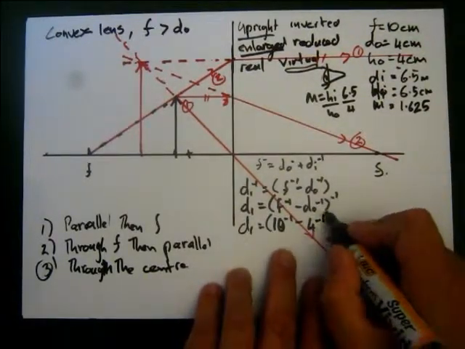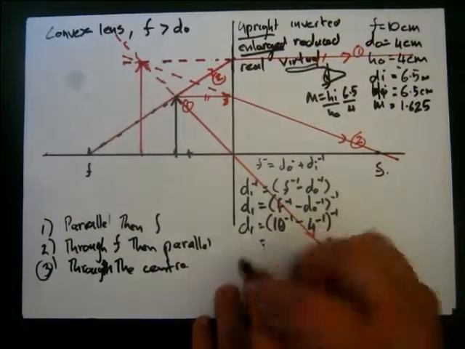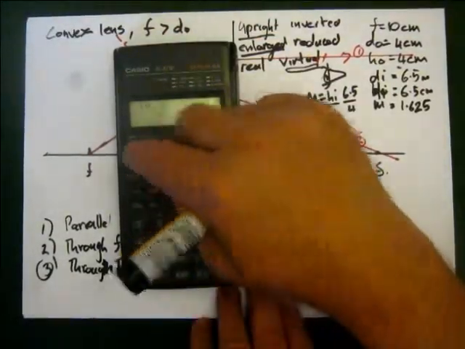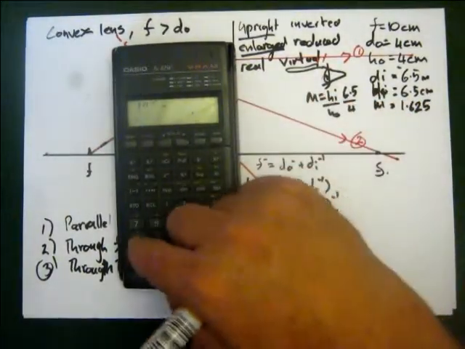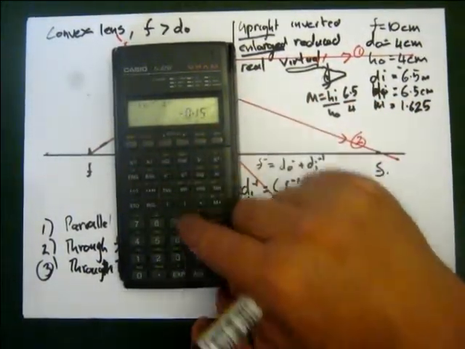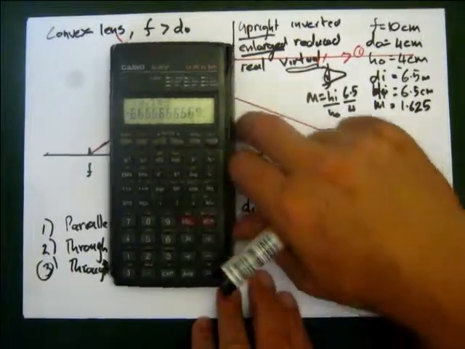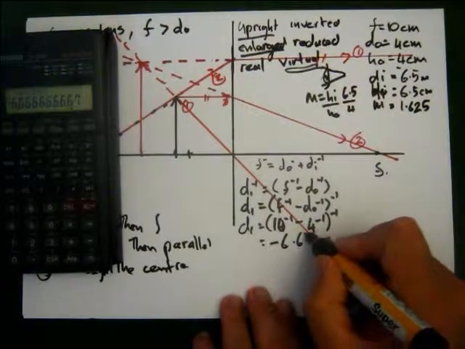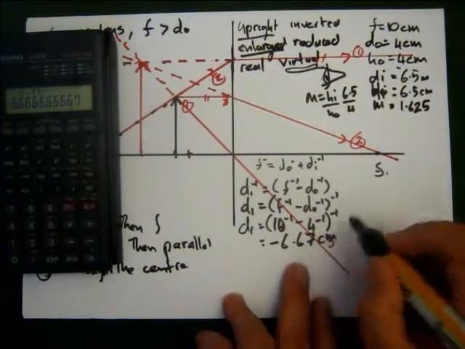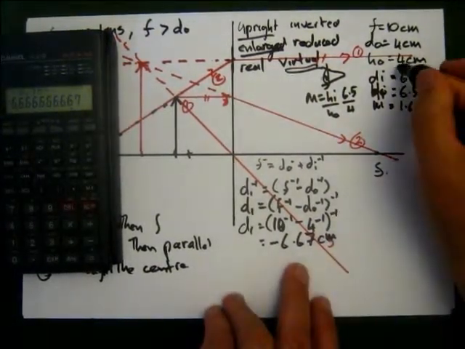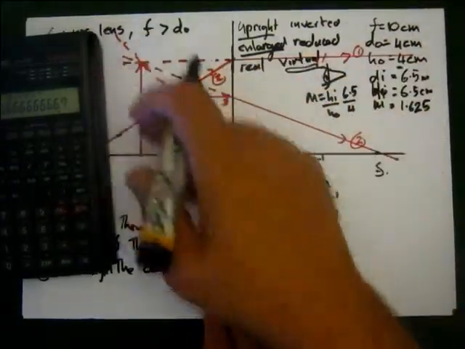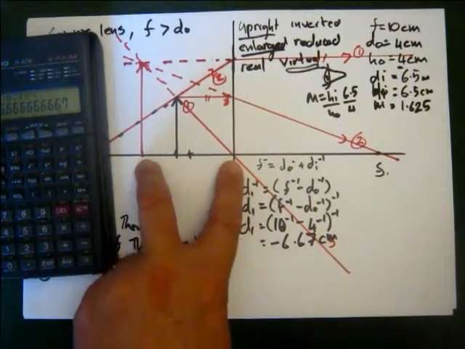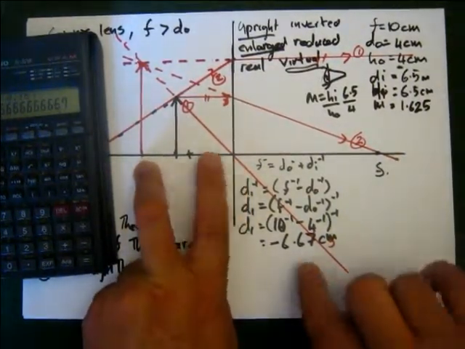So 1/10 minus 1/4, take the inverse of that, equals minus 6.67 centimeters. That's minus. So this is going to appear at minus 6.7, on this side of the lens. We said 6.5, pretty cool.